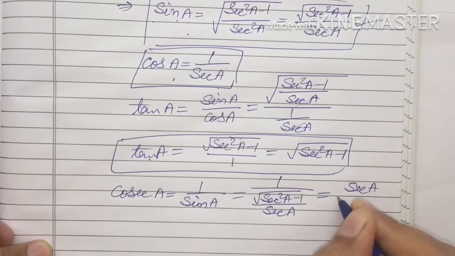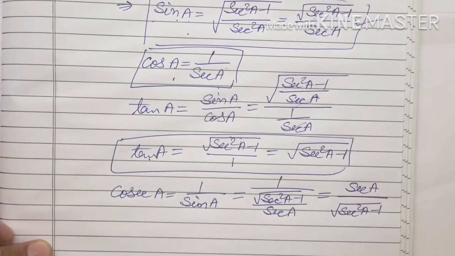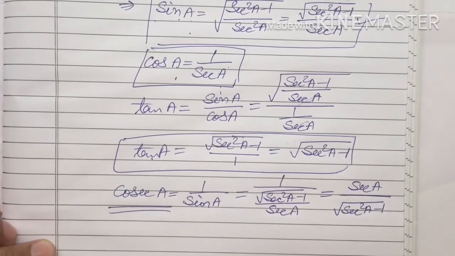So secant A upon root secant square A minus 1. This is the value for cosecant.